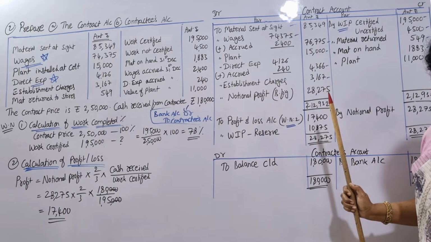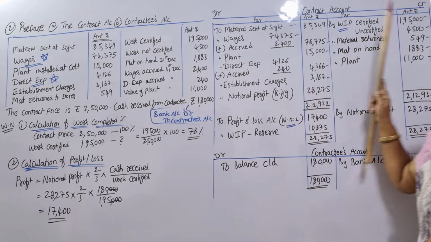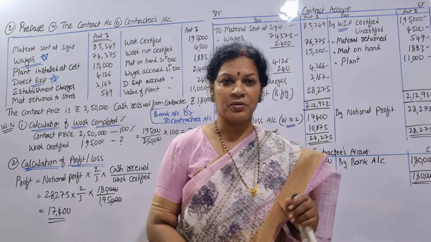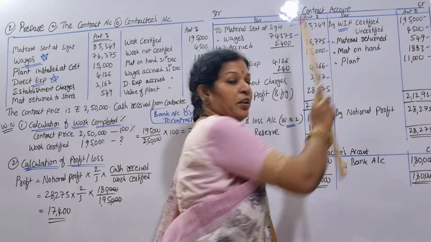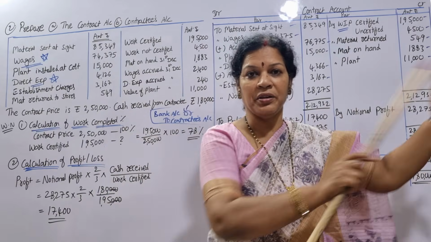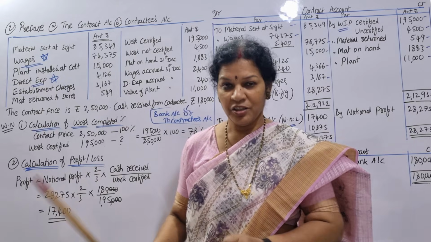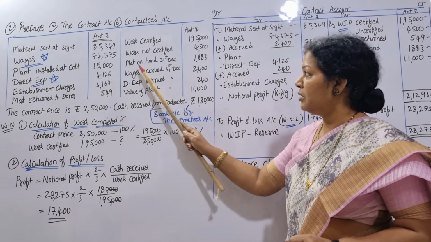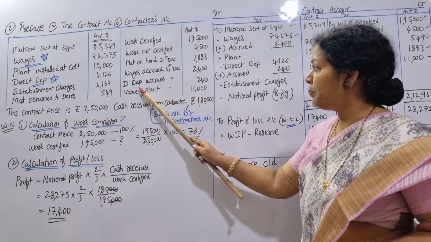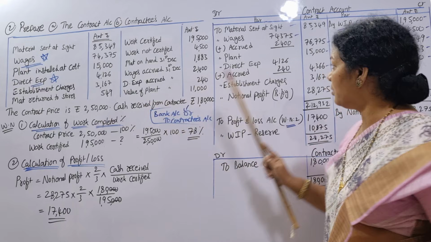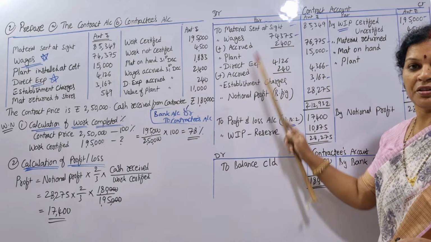On the credit side, closing balances. The first item on the credit side is always work in progress, certified and uncertified, both given. In this problem we also have adjustments, wages accrued and direct expenses accrued, which we adjusted here.